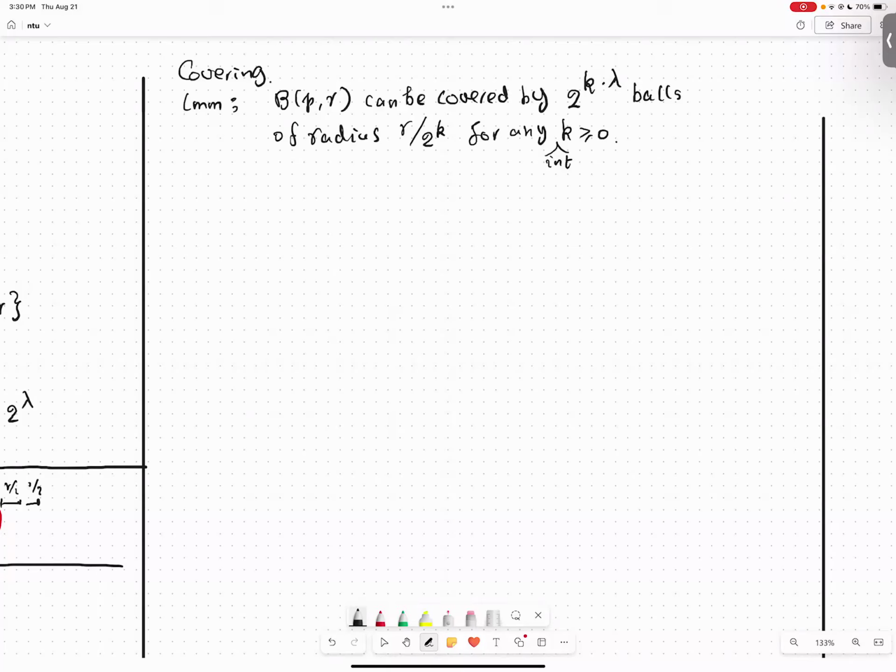This is actually an easy lemma, but if this is the first time you get exposed to doubling dimension, it might take you a while to figure out why. So let's first understand it.